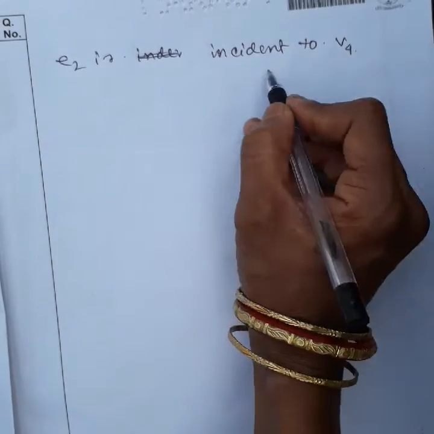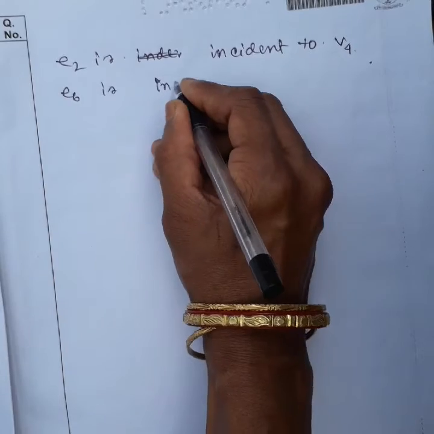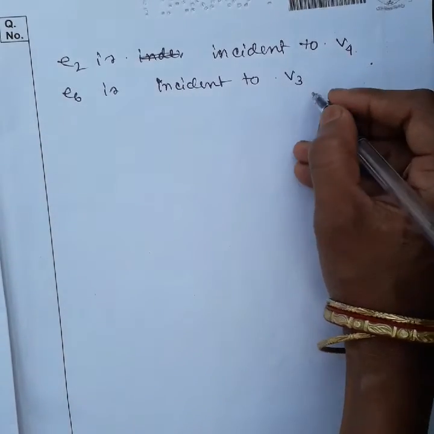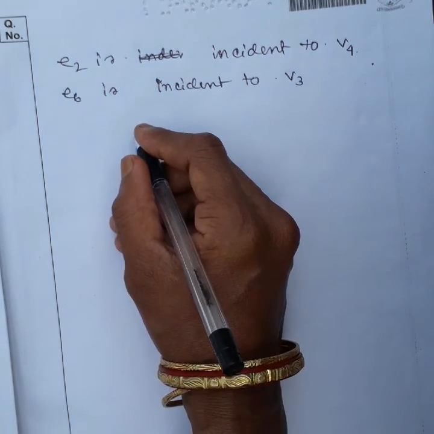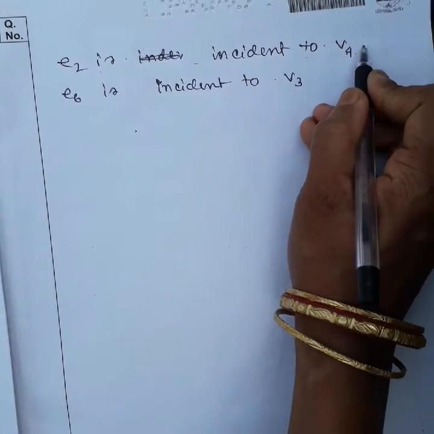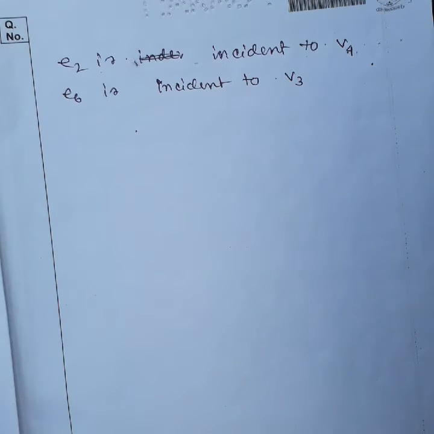So we write E2 is incident to V4, but E6 is incident to V3 or incident out of V4. Similarly, E2 is incident to V4 and incident out of V3. Clear? We should call the edge of a digraph a directed edge, but in practice we simply call it an edge.